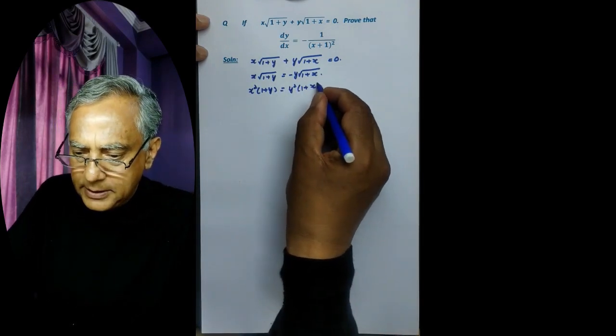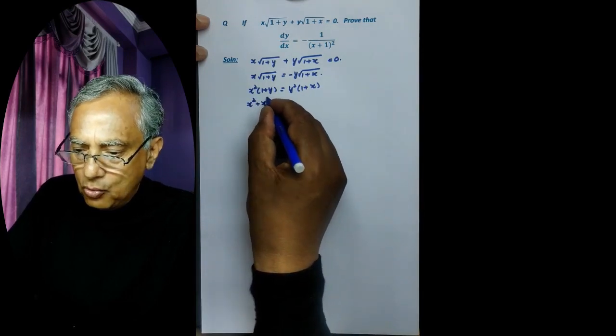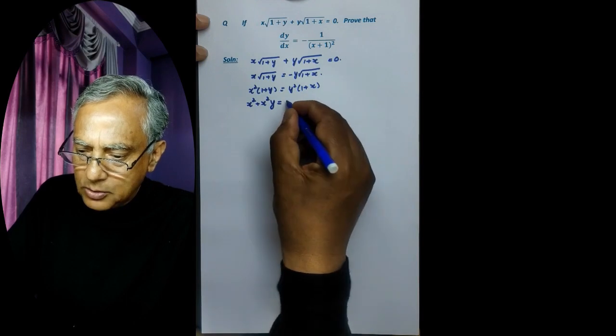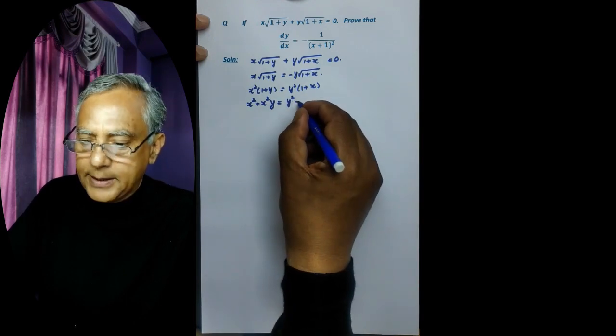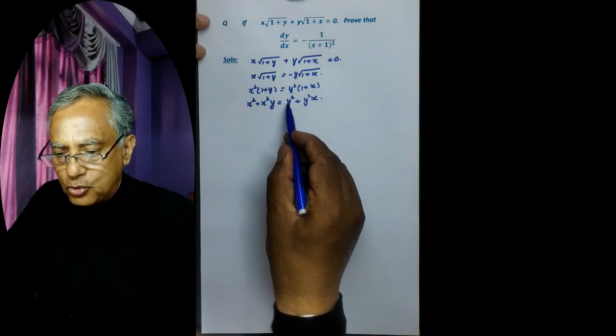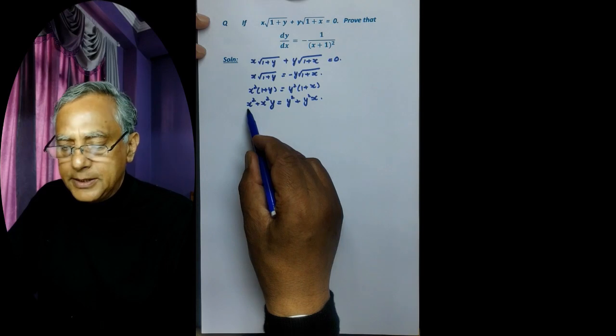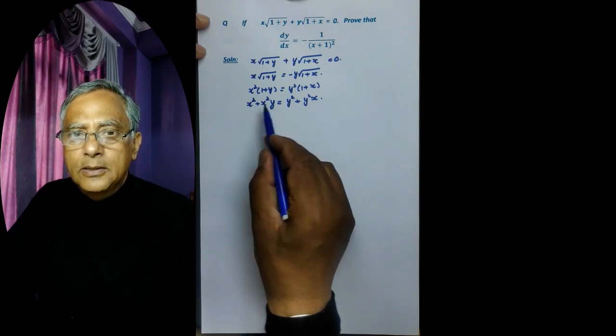Open this bracket. This is x square plus x square y is equal to y square plus y square x. Now if I take this term to this side, we'll get x square minus y square. X square minus y square can be factorized into x minus y into x plus y.